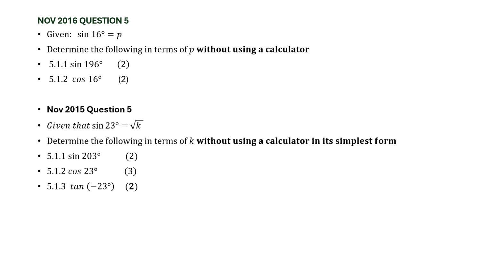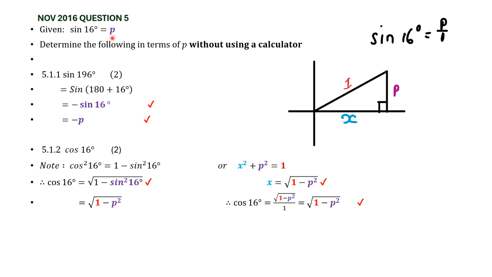Right, so let's look at the first problem. Given sine 16 degrees equal to P, determine the following in terms of P without using a calculator. Now I've just done a diagram for some of you because I'm not sure whether your teacher has shown you this. Sine 16, when I write P, is the same as saying P over 1.